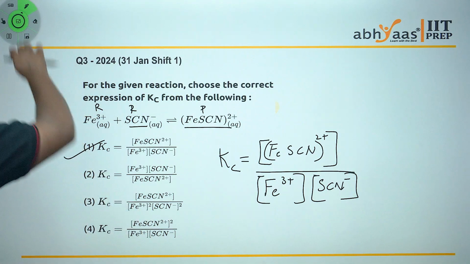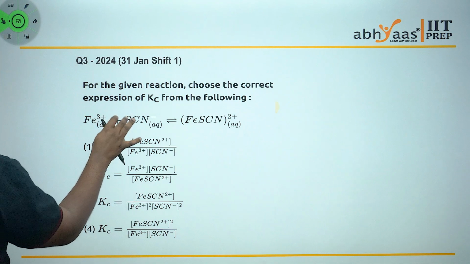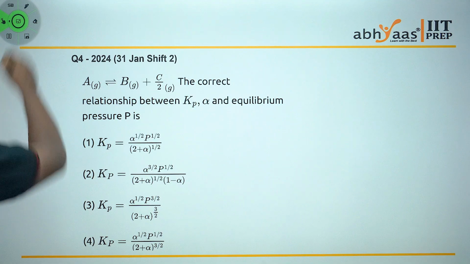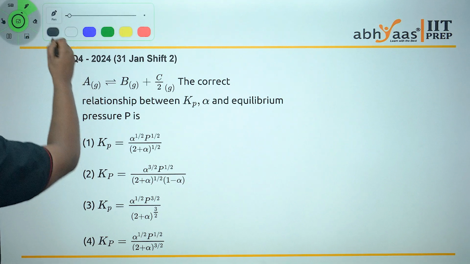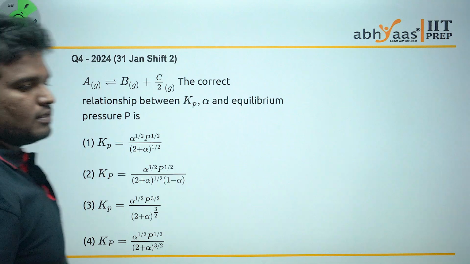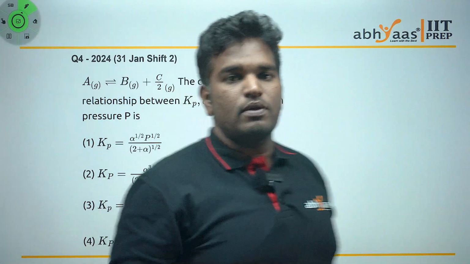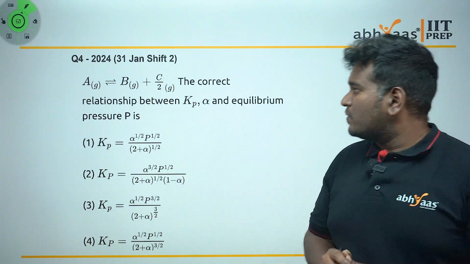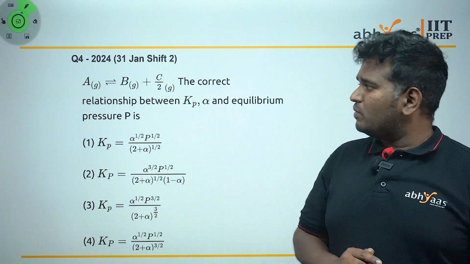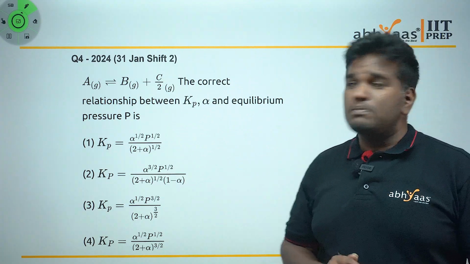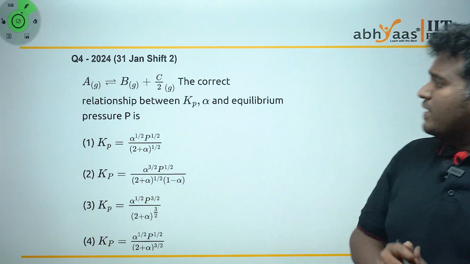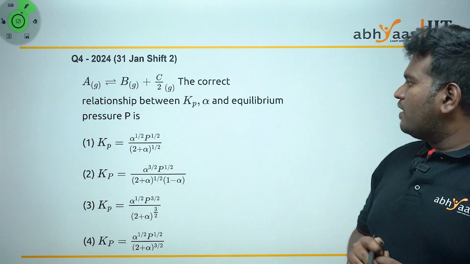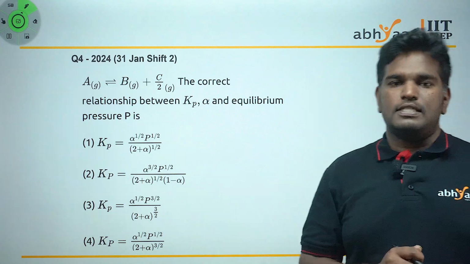Now we will be moving to the next question. Here you have to think more in this particular question. You can see this reaction, A giving you B plus C by 2, a reversible reaction. The correct relationship between Kp, alpha and equilibrium pressure P is.